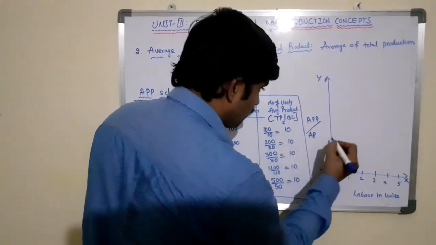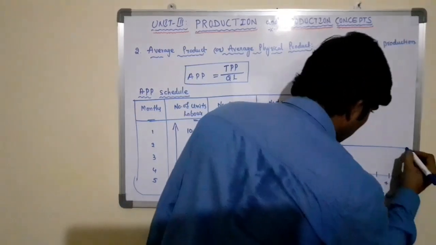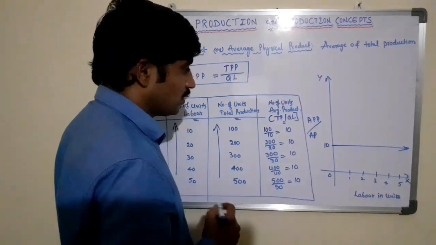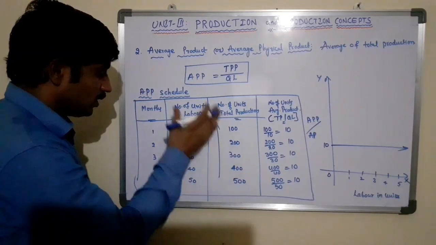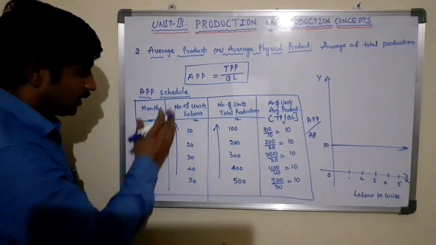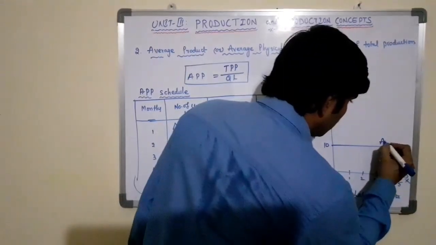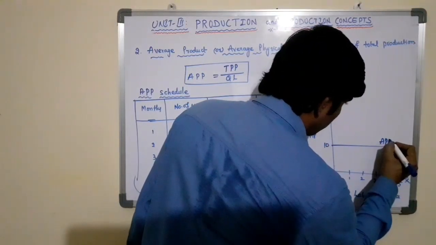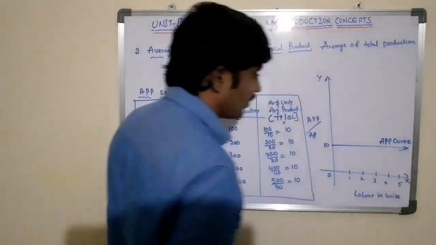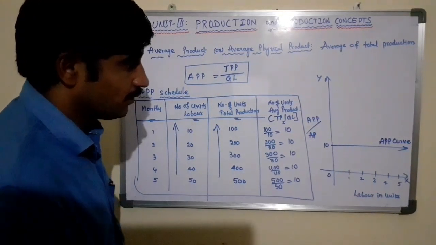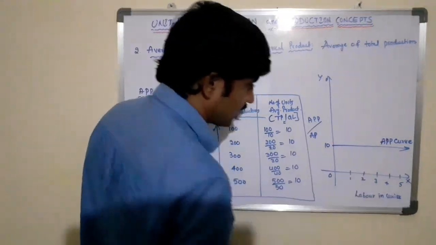So here the average production is constant at 10. There are no changes in average production, because proportionately the total production is increasing for the corresponding labor in units. Hence, the average physical production curve is floating from left to right horizontally, parallel to the x-axis.